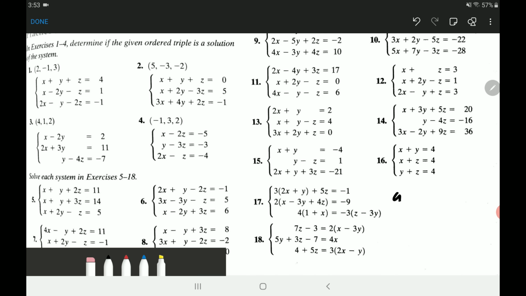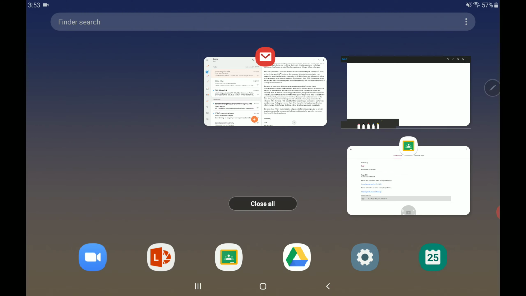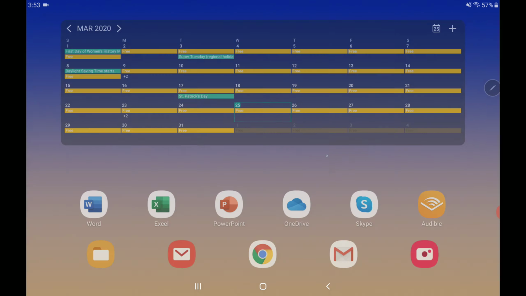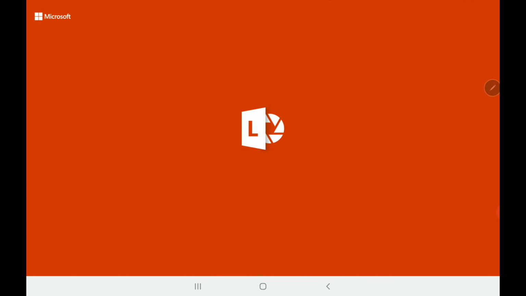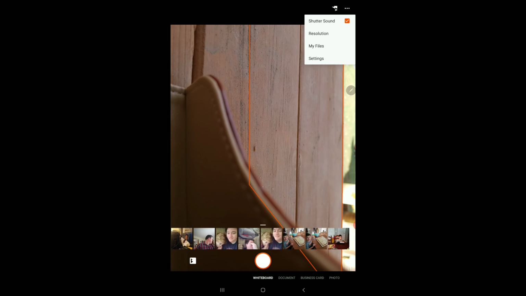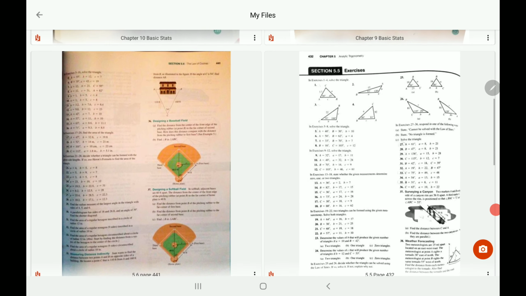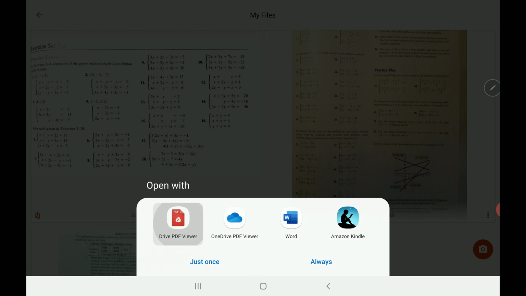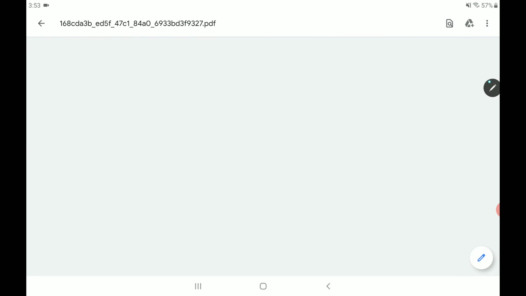Let me see if I can find the original file. Close all. This is going to be under Office Lens, I think. I've done a lot under Office Lens. Here we go. PDF viewer. Might be able to make the note now.